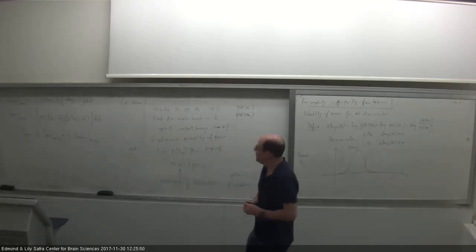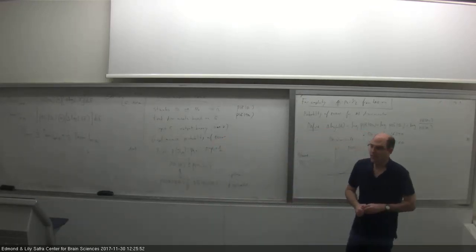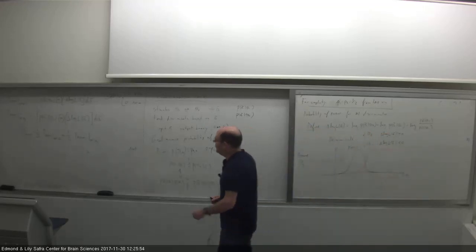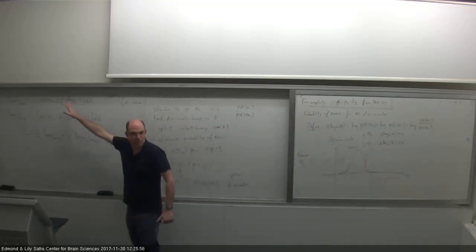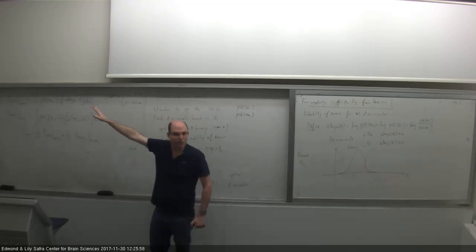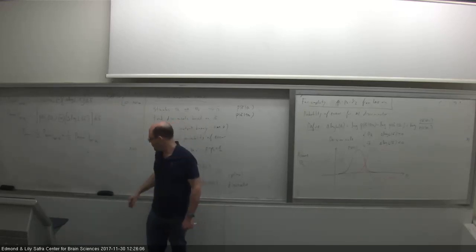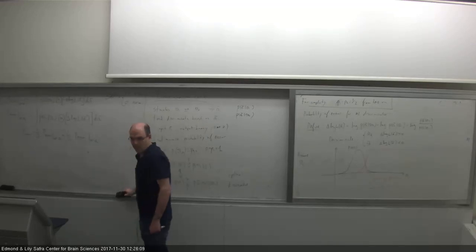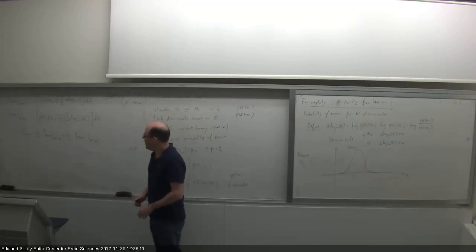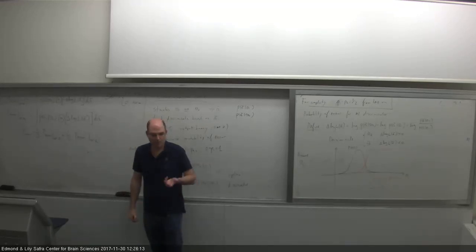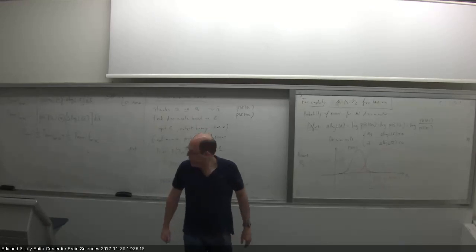Now, in practice, these integrals might be a complicated quantity to calculate. But what I'm going to do next is focus on a particular case where we can actually evaluate these integrals precisely. And this is half because in half of the cases, the stimulus will be theta 1, and the probability of error is the probability of error for those cases, and in half the cases it will be theta 2.